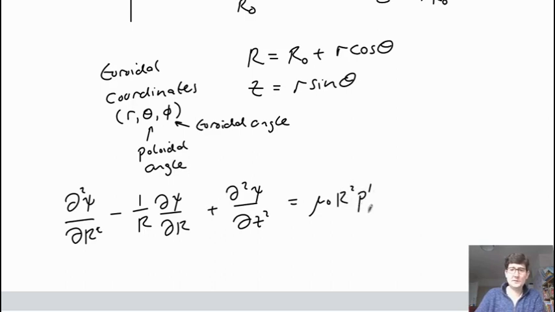We're going to call this p prime, so this is dp by d psi, minus f prime, where this is the same, this is dp by d psi, and that's df by d psi.